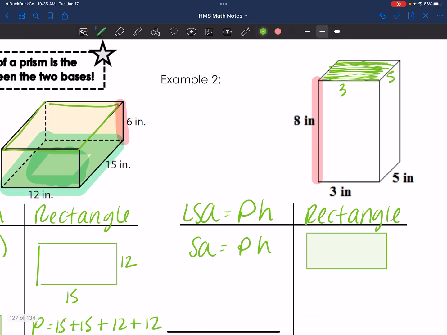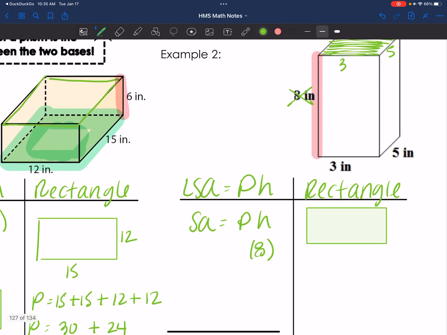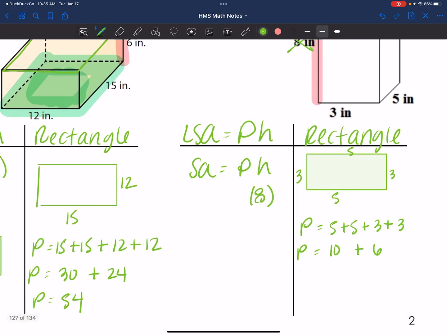Now I'm going to plug it into my formula. I know the height is h. I'm not using that number anymore. Now I'm going to find the perimeter of my base, and plug that in.